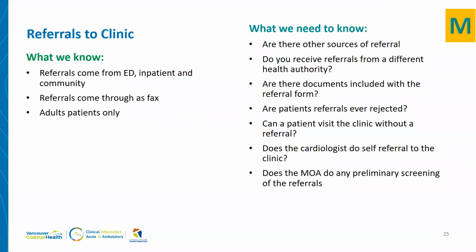Yes, so all the cardiology referrals come through to our office. We have a separate fax number for that. It's different from the clinic. They are all being triaged by physicians depending on who it comes to, and they're all done manually, not electronic. Once they get triaged, then we go ahead and book accordingly.